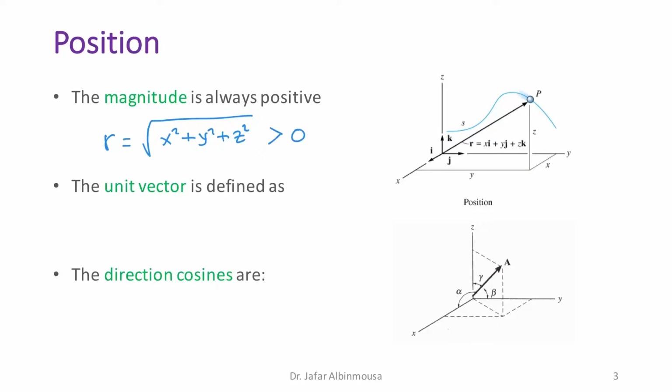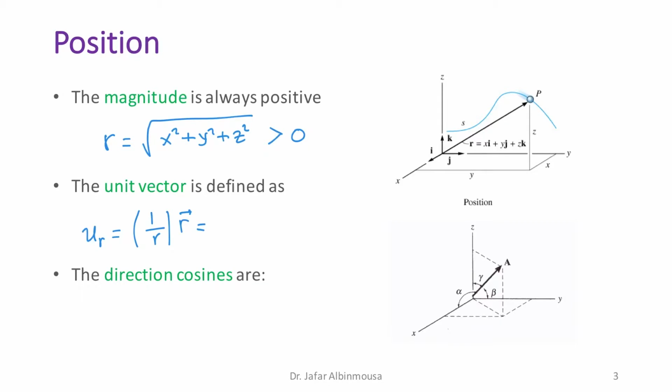The unit vector, written like this, u_r, is equal to 1 over r, the magnitude, multiplied by the position vector.